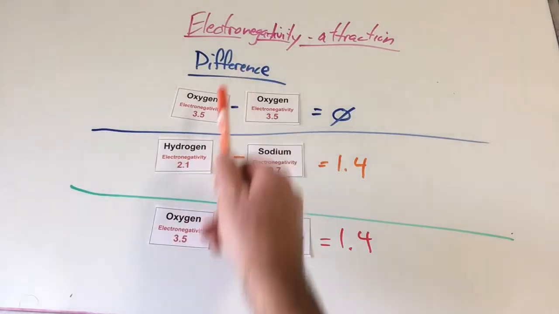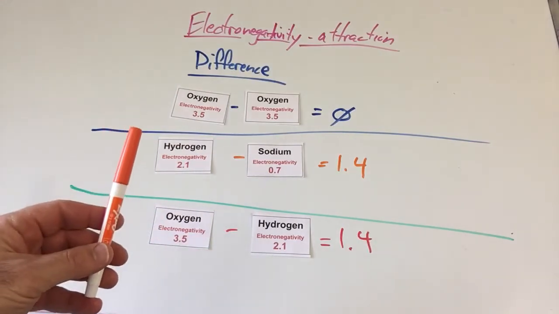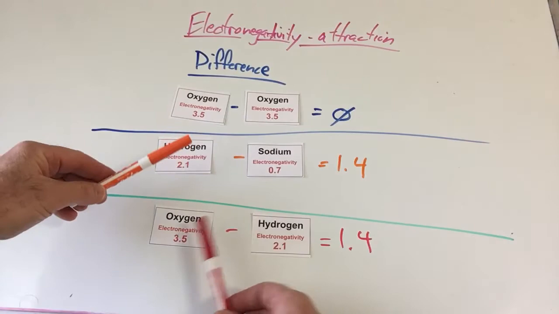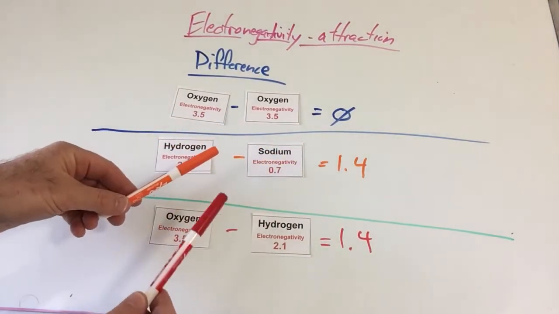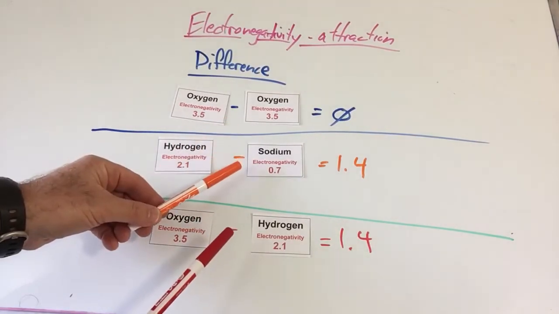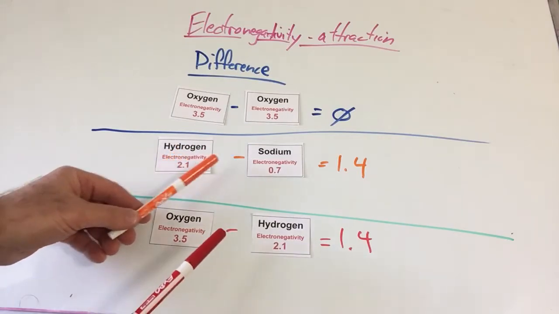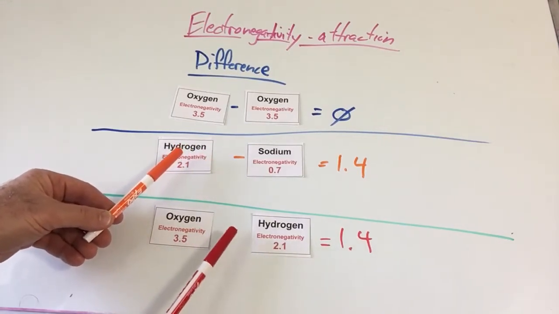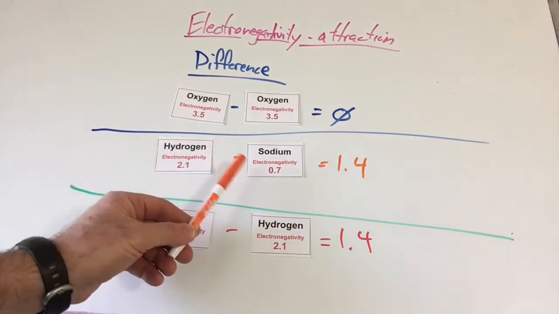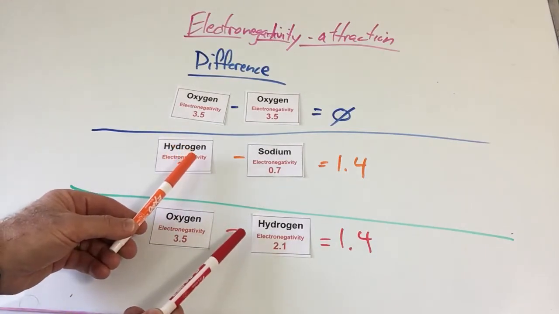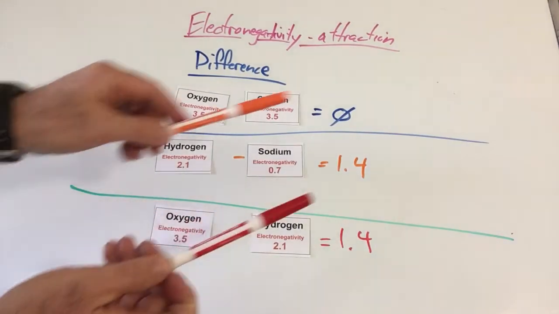It's the difference, it's the change, which is the exact same amount of struggle that this electron has between oxygen and hydrogen. Again, it's the difference. It's how hard of a decision is this going to be. It'll be drawn 1.4 electronegativity difference towards hydrogen, which is the exact same amount of draw of oxygen away from hydrogen. So even though this one chooses hydrogen, this one doesn't. With the same strength, because again, it's not in a vacuum, it is the difference.